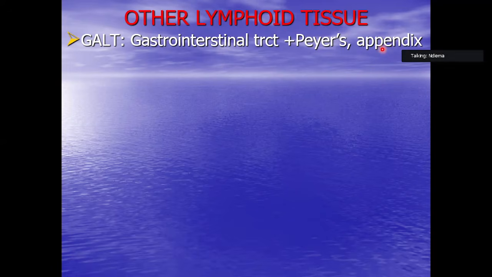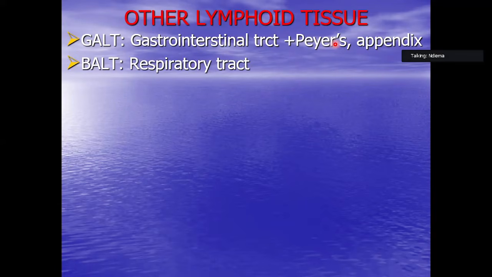So the ileum contains Peyer's patches, and these Peyer's patches are aggregates located in the submucosa of the ileum at the antimesenteric part of the submucosa, and also sometimes in the lamina propria.